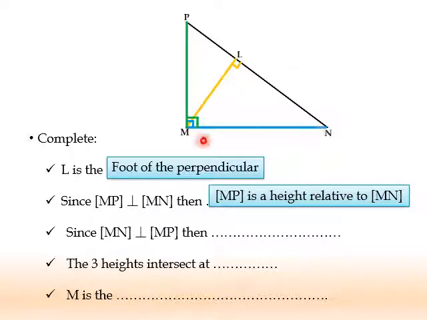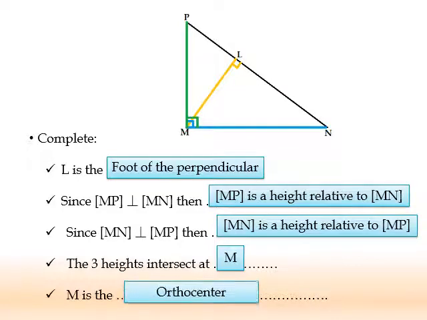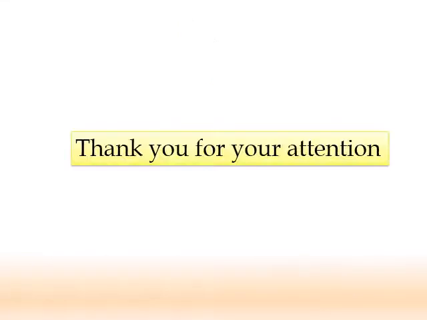Since MN is perpendicular to MP, so I can say that MN is the height relative to MP. Now the three heights intersect at one given point, which is M, and that's why I can say that M is the orthocenter. It's the point of intersection of the three heights.